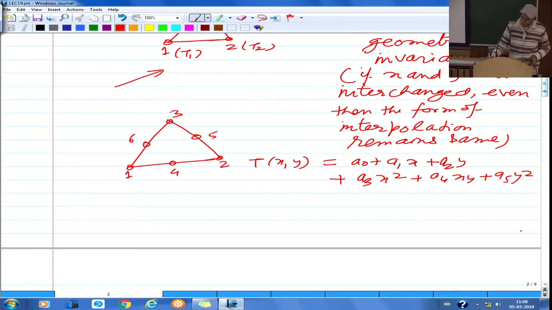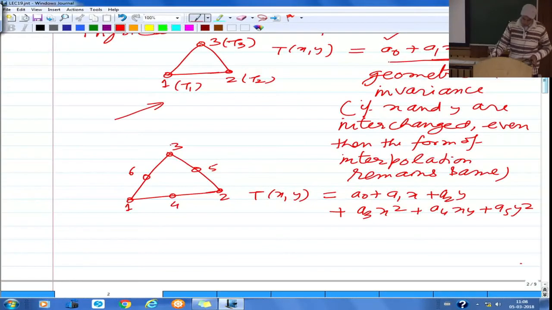This is definitely going to be better in terms of accuracy and convergence. This approximation is going to be better than that approximation because that's just linear, whereas this is quadratic. So we are assuming quadratic variation of the dependent variable within the element if you are taking a 6-noded triangular element. So this is a 3-noded triangle, this is a 6-noded triangle.